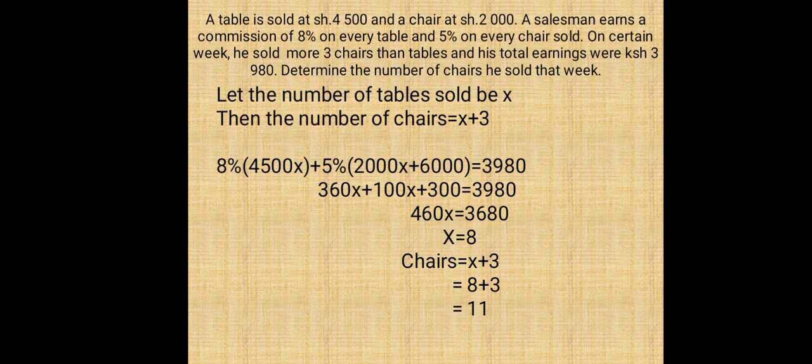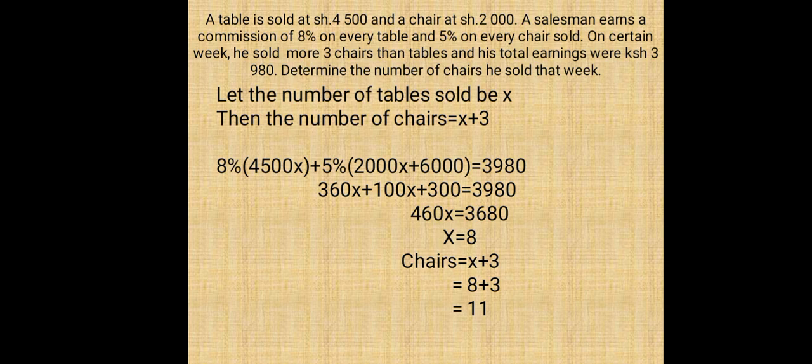So here we shall assume that the number of tables sold is x, and automatically the number of chairs sold will be x plus 3 because he sold 3 more chairs than tables.